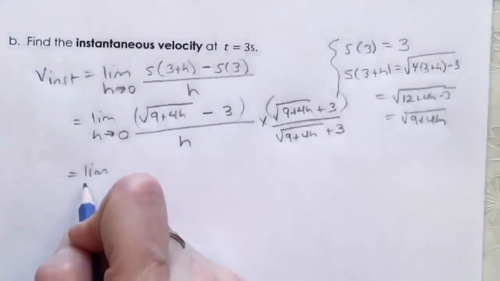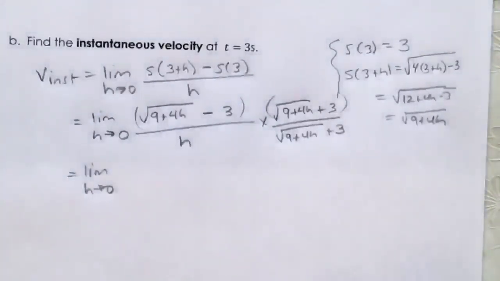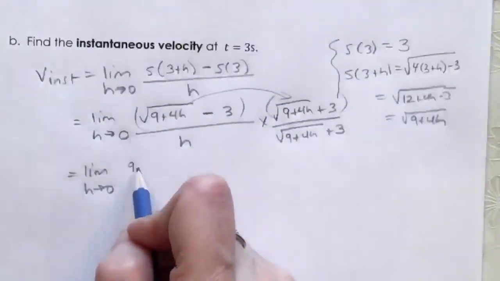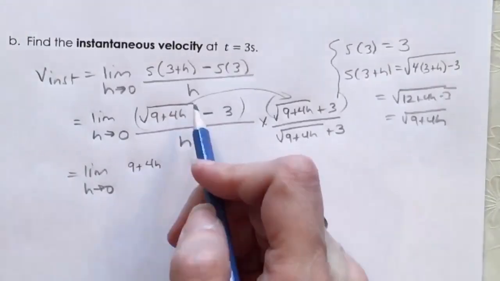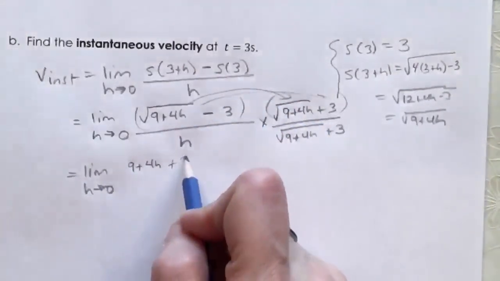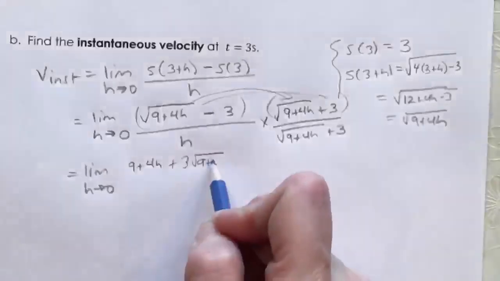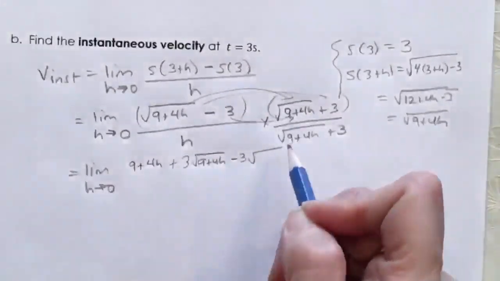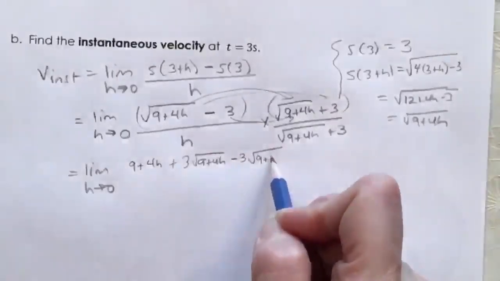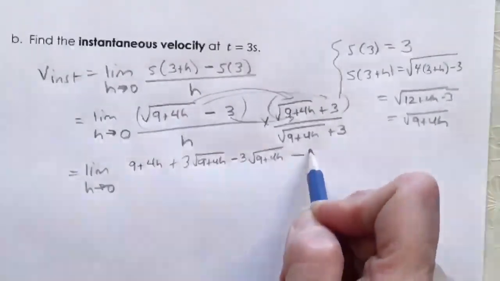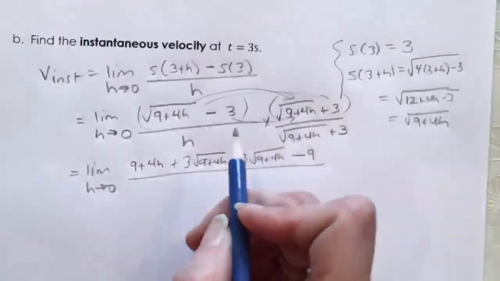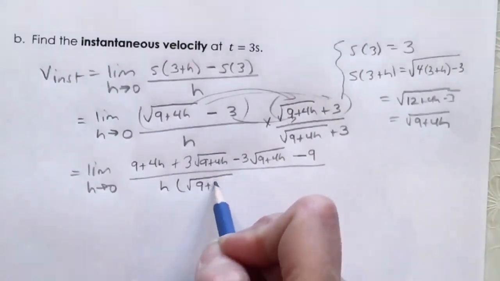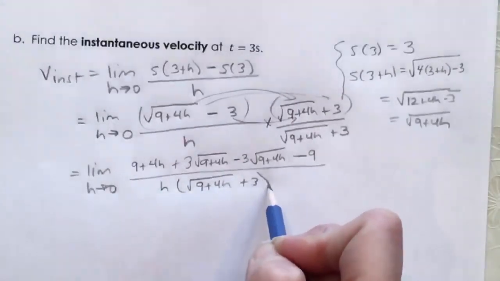So if we do FOIL then in the numerator, the first times the first just undoes the square root. And then plus 3 root 9 plus 4h, minus 3 root 9 plus 4h, minus 9, over h times the root of 9 plus 4h plus 3.